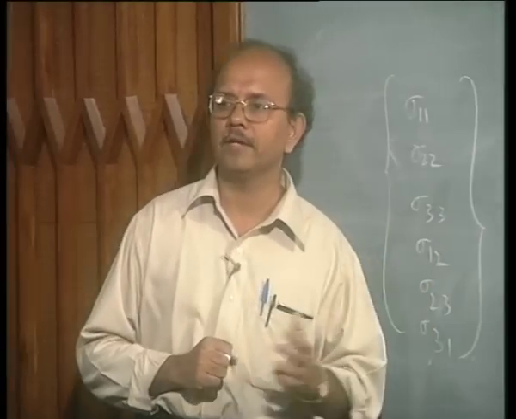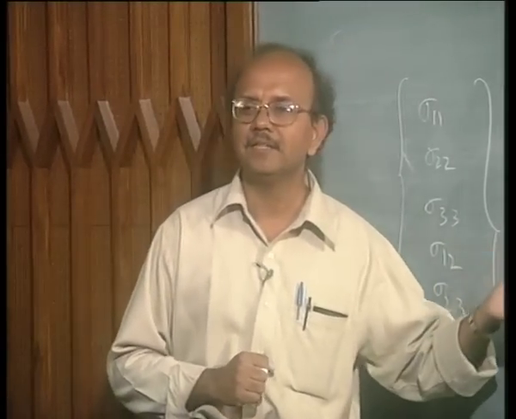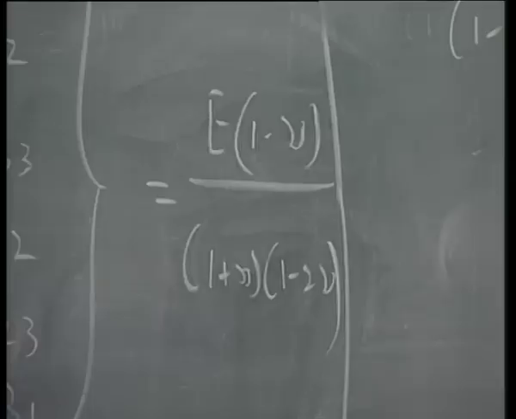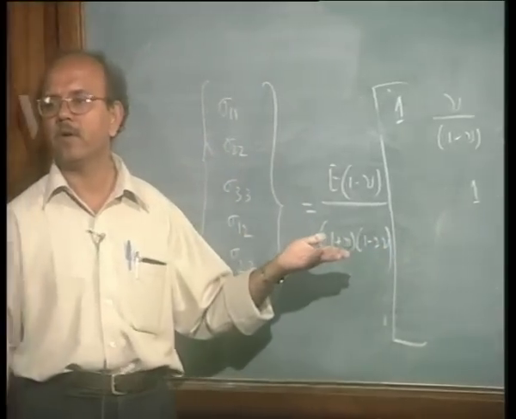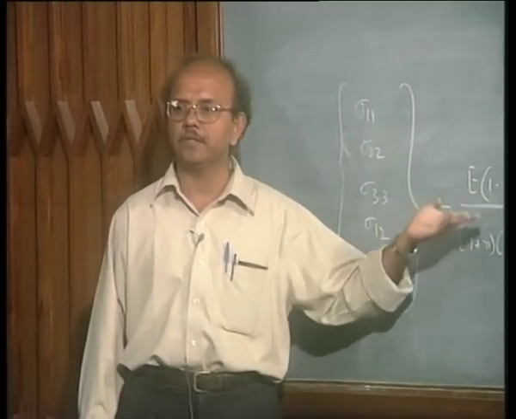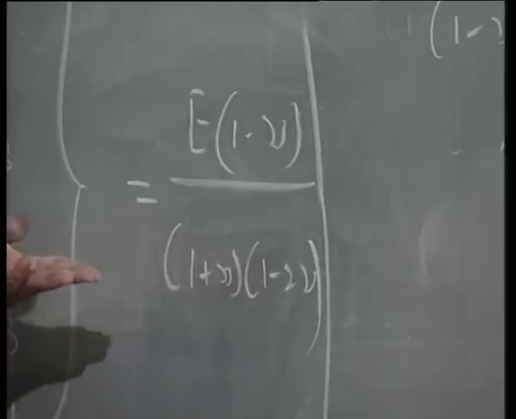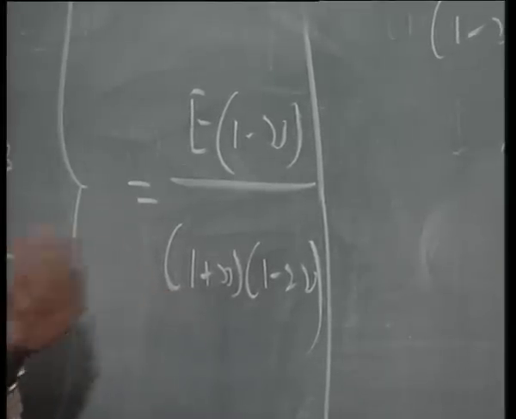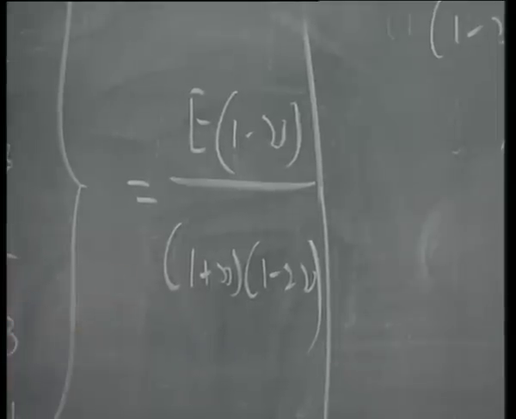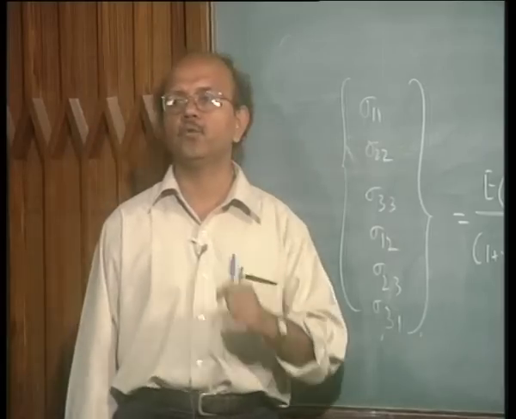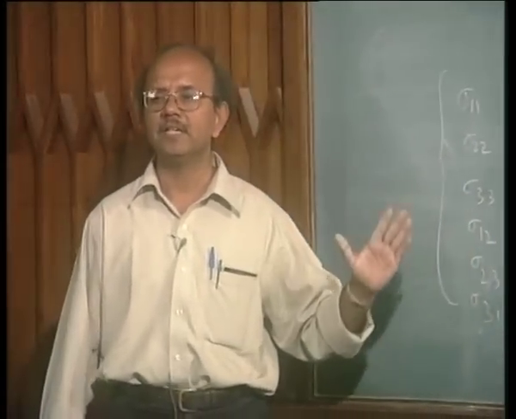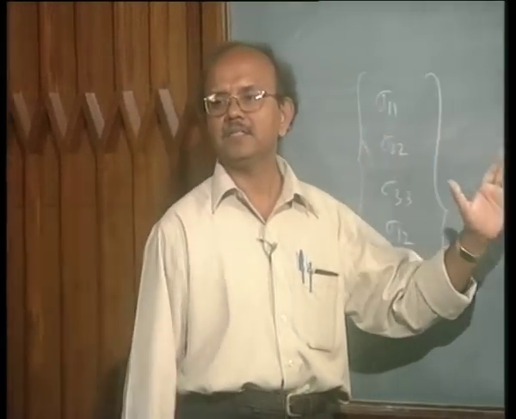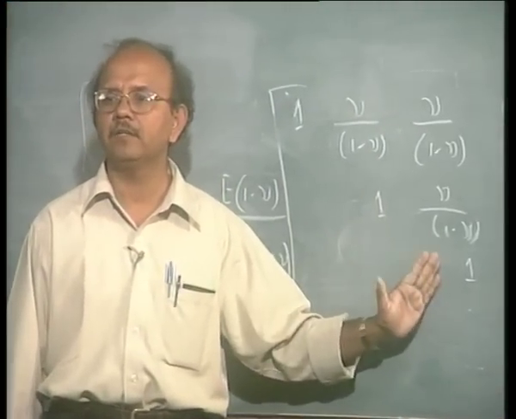When nu is equal to 0.5, it can be shown that the material is incompressible, and it becomes very difficult to solve the problem using this multiplication term. It is not possible because it will become infinite, right? Now, apart from that, there are a few things that we can look at from this equation. This is a general 3-dimensional equation.